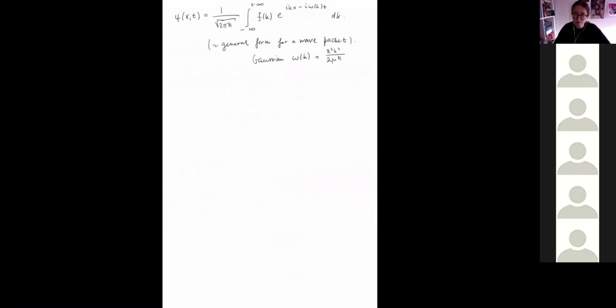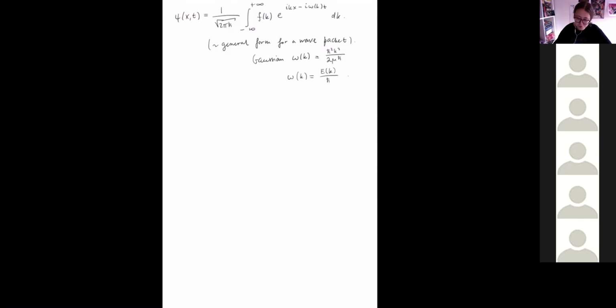Generally, omega of k is the angular frequency, and omega of k is usually just E of k, the energy, over h bar. So this is just the definition of this angular velocity.